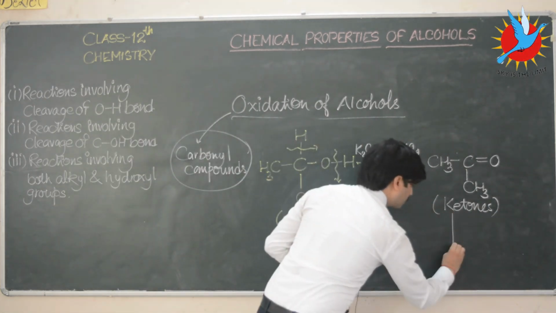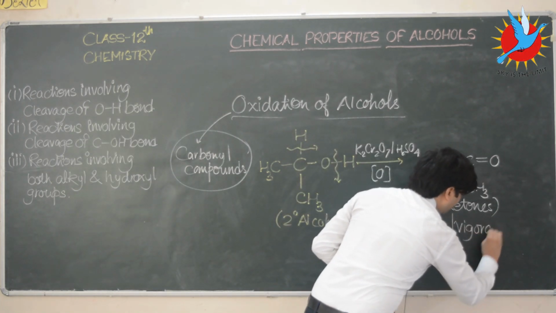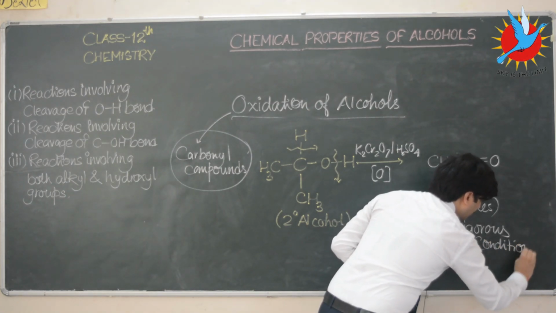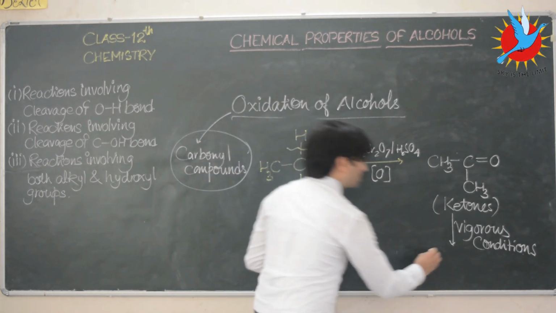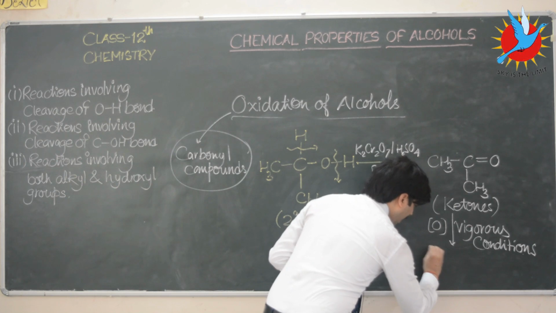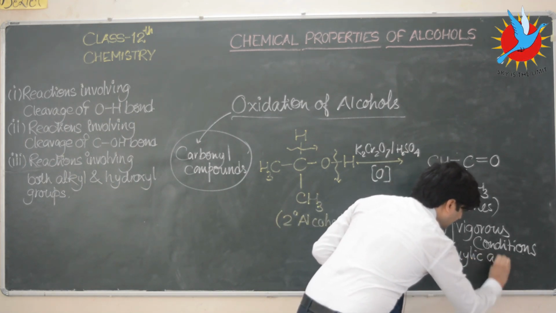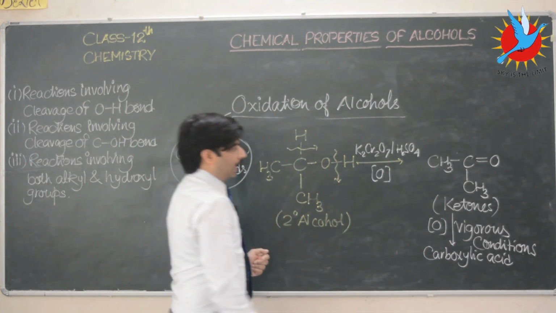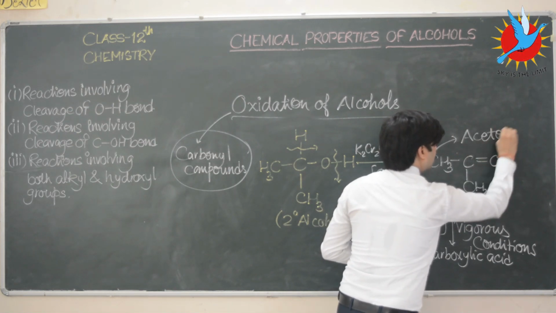The name of this ketone is acetone. These ketones, under vigorous condition, undergo further oxidation and form carboxylic acid having fewer carbon atoms as compared to the ketone.